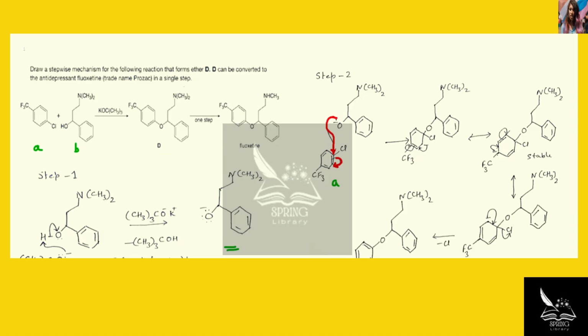So this is how the charge is formed at this adjacent carbon, and the whole group is attached to this carbon which is containing chlorine.